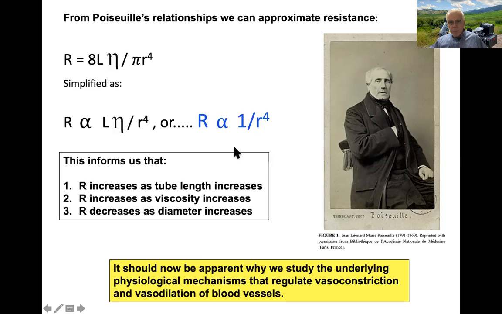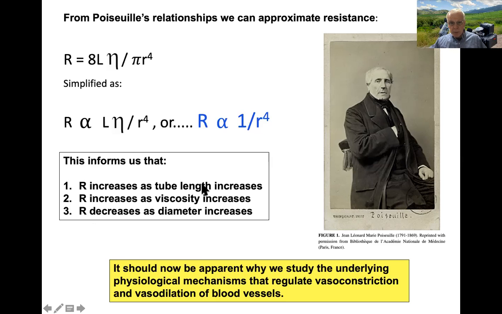So I can really simplify it to resistance is proportional to 1 over the radius to the 4th power of the tube. I'm estimating it, that's why I don't have an equal sign there. So again, summarizing this, resistance increases as tube length increases, resistance increases as viscosity increases.